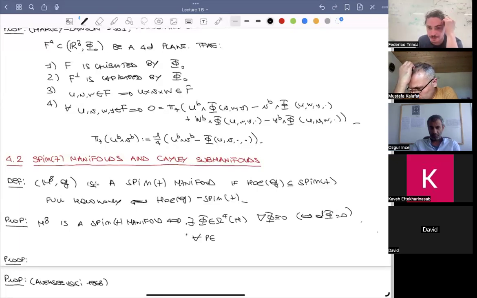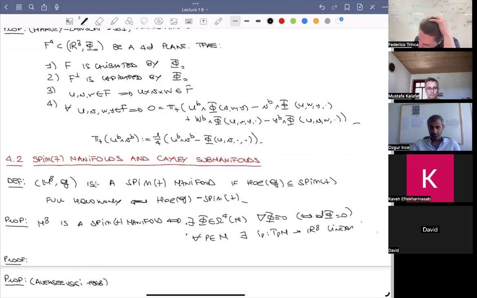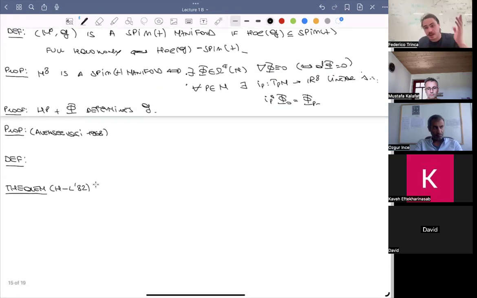And we have at each point p of M a linear isomorphism i_p from T_pM into R^8 such that i_p star of phi naught is equal to phi_p. The proof is, once again, the holonomy principle, plus the fact that phi determines g. As for G2 manifolds, Spin(7) manifolds are Ricci flat.